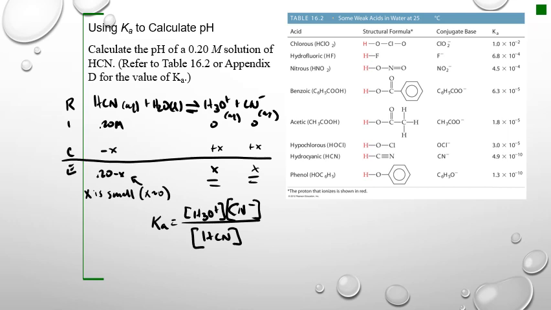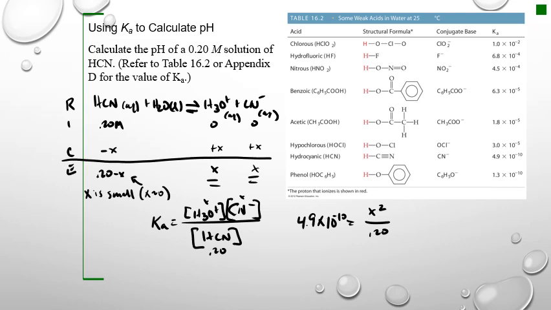Now I have 4.9 times 10 to the minus 10th equals, and I can place the x for each one, so I'd have x squared over the 0.20 here.